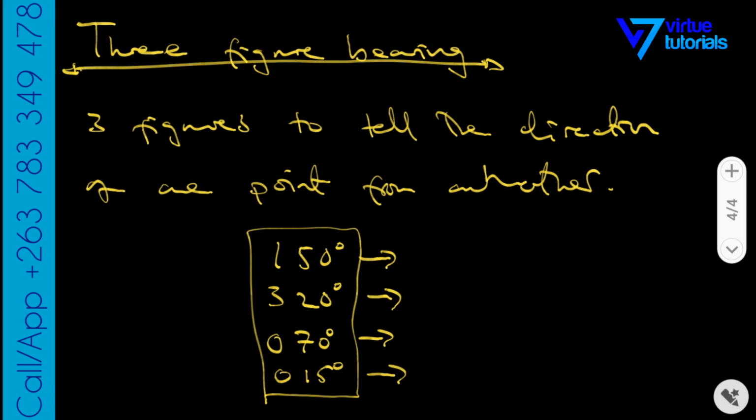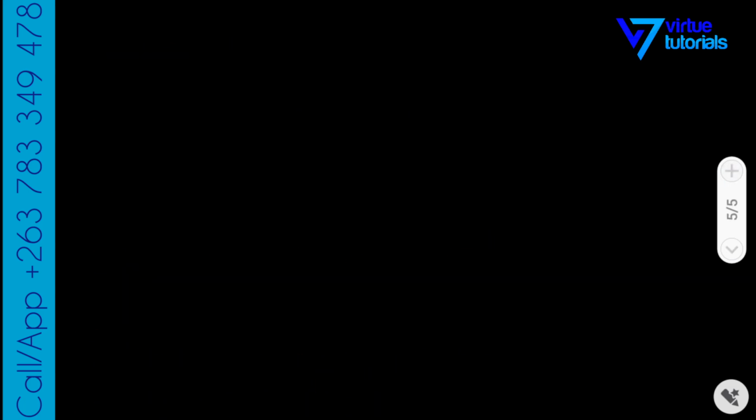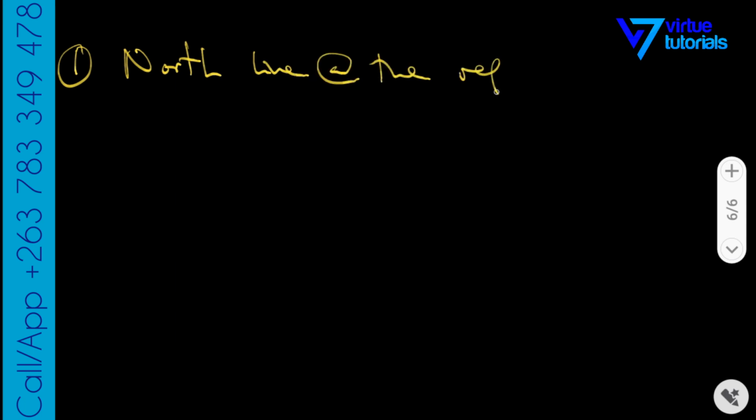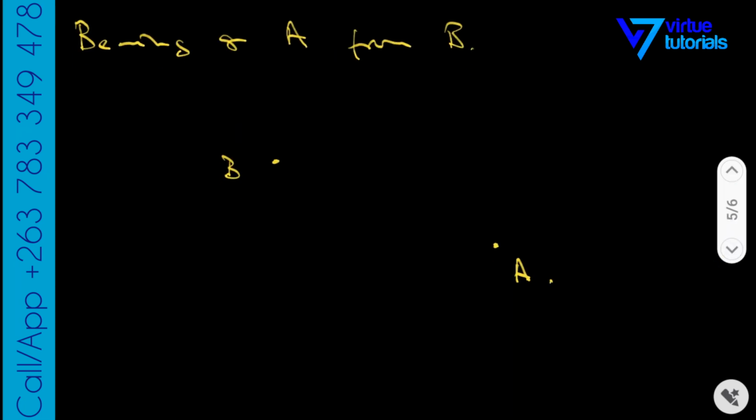So let's look at how we come up with the 3 figures for the bearing. For example's sake, we're looking for the bearing of A from B. Let's say we have a point here, that's point B. Then we have a point there, that's point A. The first thing you need is a north line at the reference point.